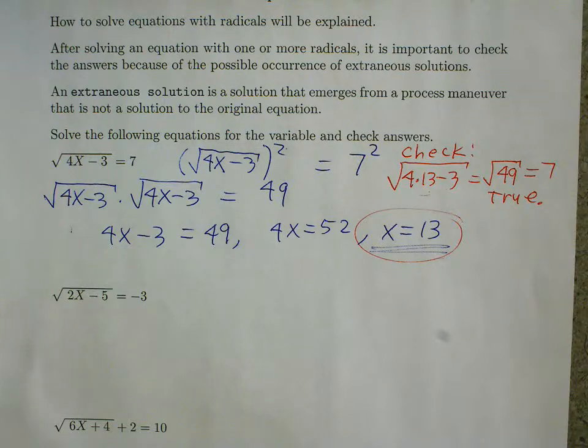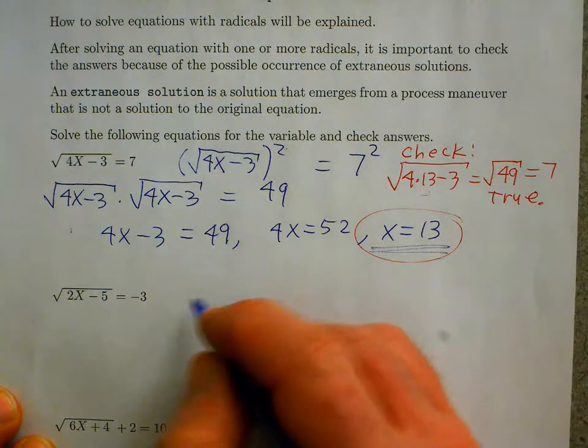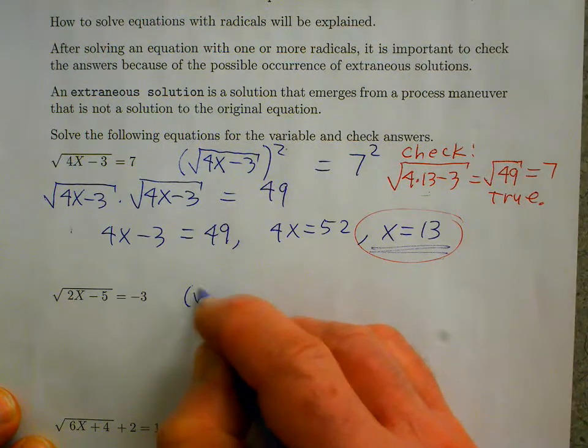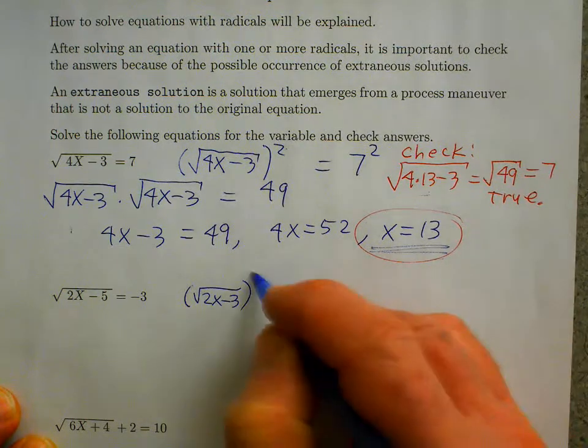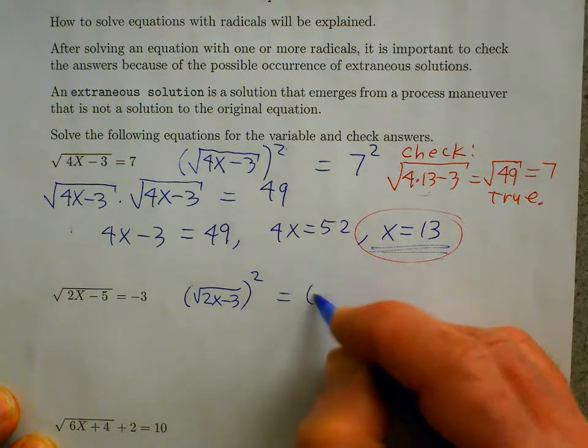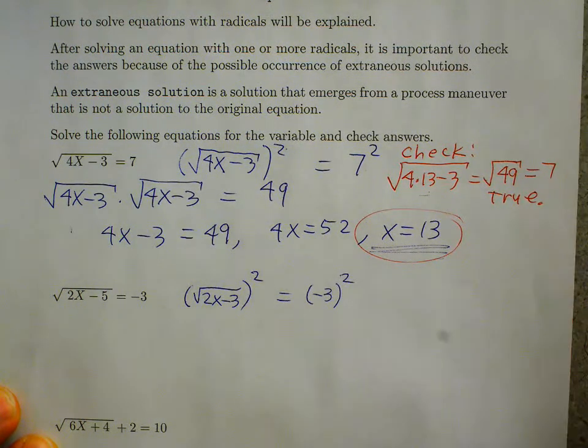Okay, so someone said square both sides. Okay, let's square both sides. When we square both sides, we square the square root of 2x minus 3. On the right-hand side, we square the number negative 3.